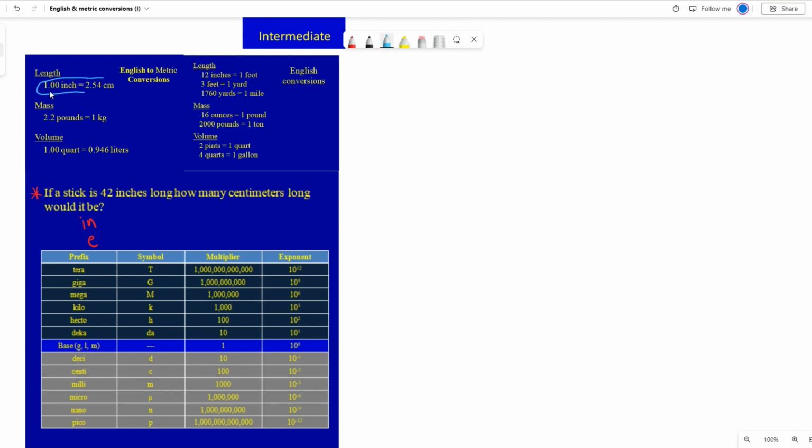We're going to use this conversion right here to convert for length between inches and centimeters. So you're going to go from inches and in one step go right to centimeters, which is metric. Let's take a look at how we would set this up. If you have 42 inches, then we'll draw our conversion factor line.